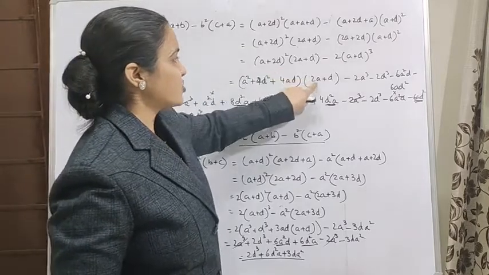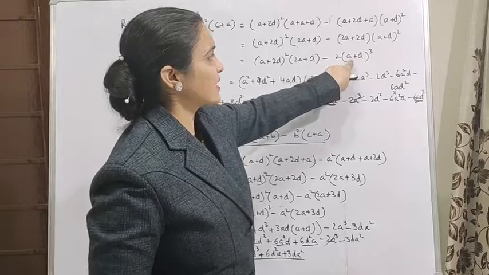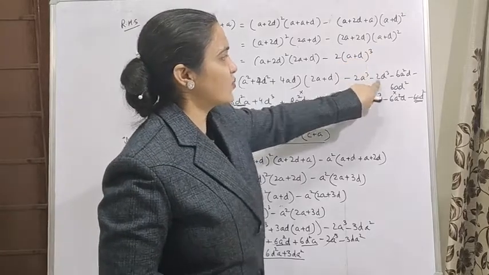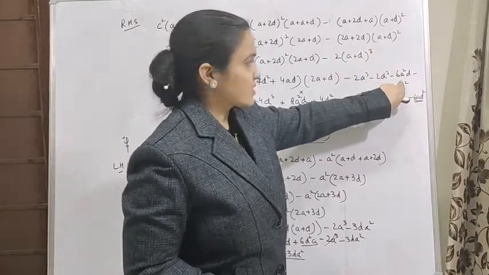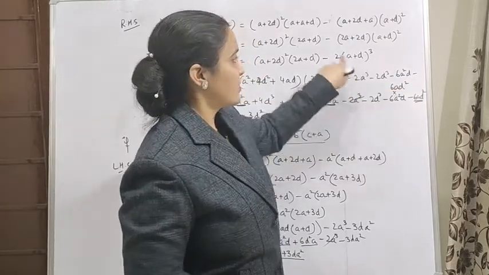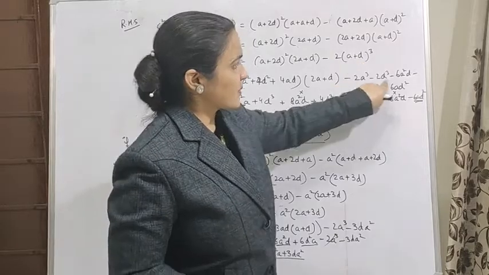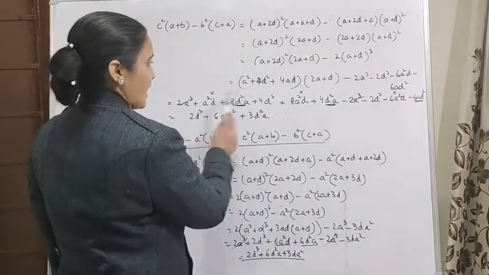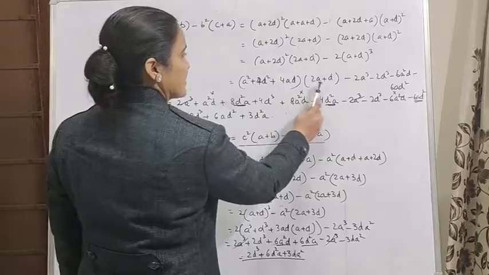Next multiplied with 2a plus d, and this is 2 times a plus d whole cube, that is a cube plus b cube plus 3a square b plus 3ab square. So we opened it, multiplied by 2, and after calculation let us multiply these two.